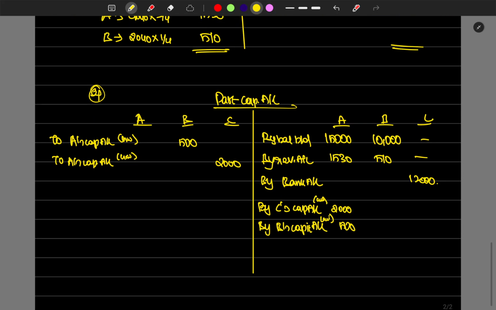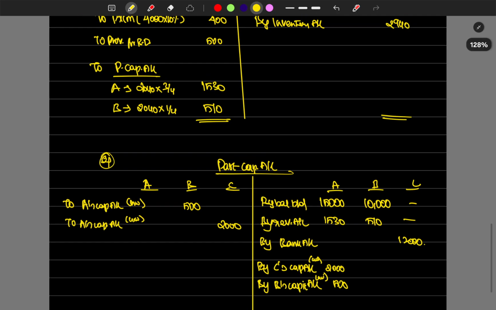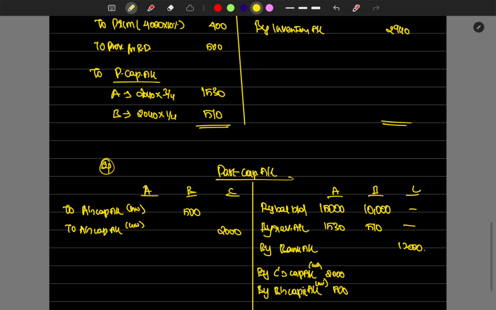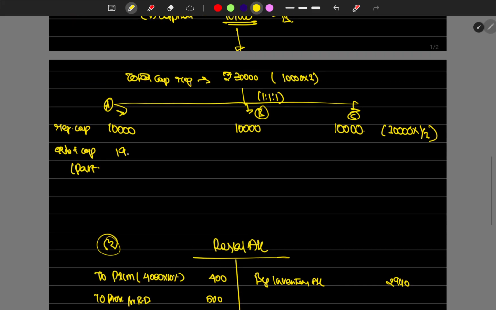After entering all the figures, we have to prepare the proportionate capital working note now. So existing capital is how much? 15,000 plus 1,530 plus 2,000 plus 500. That's it. 19,030 is the existing capital of A.